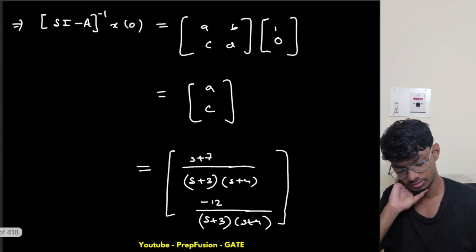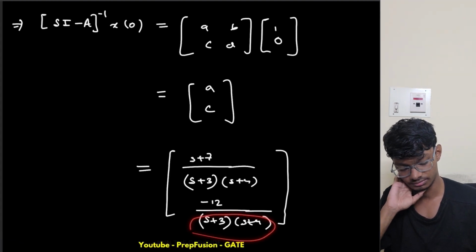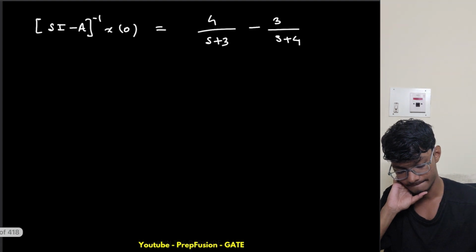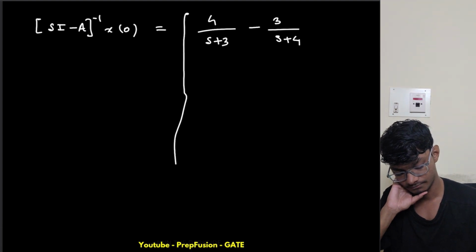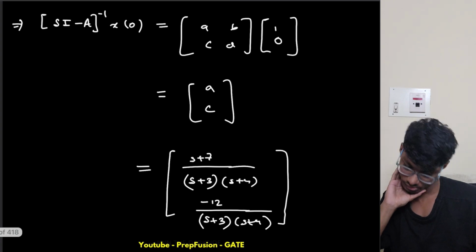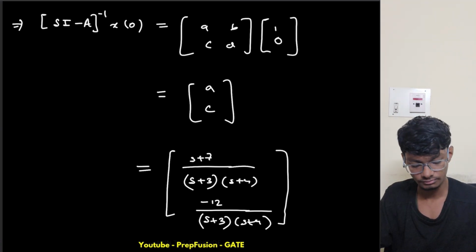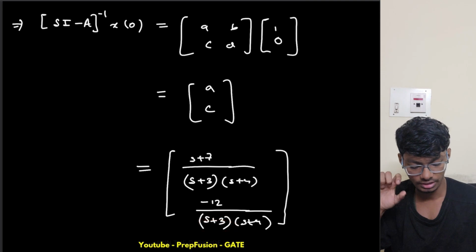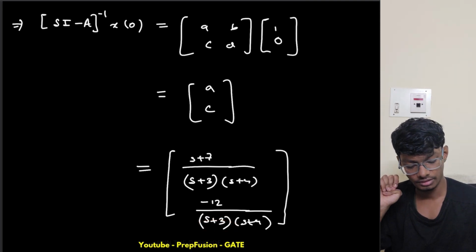And what if I put now this minus 3 and plus 4? This is what we can say: if I put s equals minus 3, I get 1 minus 12 by 1.